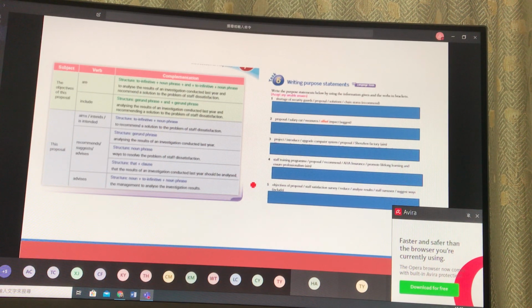So here is some example language that you can use in a proposal for stating the objectives. All right. So use these examples over here. You get a subject and a verb, and then a complementation. Try to write sentences to solve these problems here.